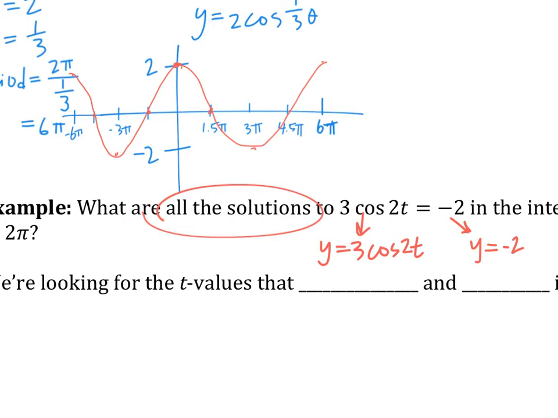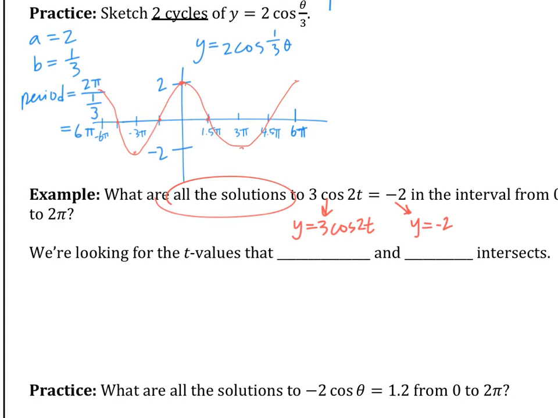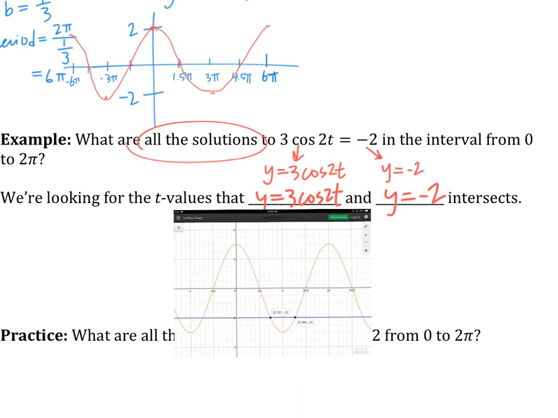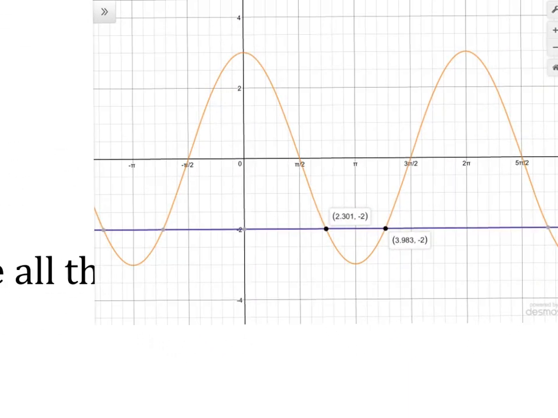So what you're going to do now is we are going to figure out where they intersect. So we are going to use decimals and graph both and figure out where they intersect. So the answers are here and actually at these t values.